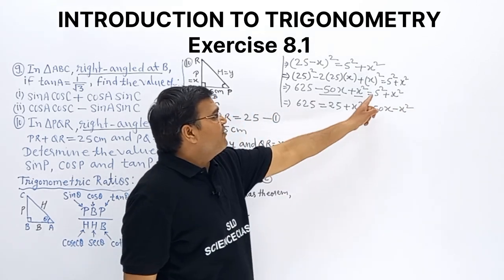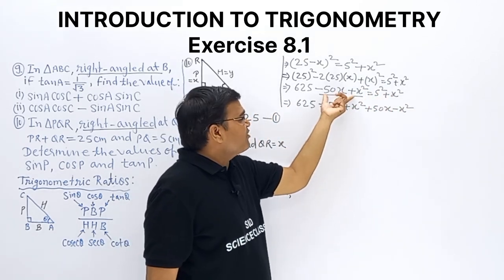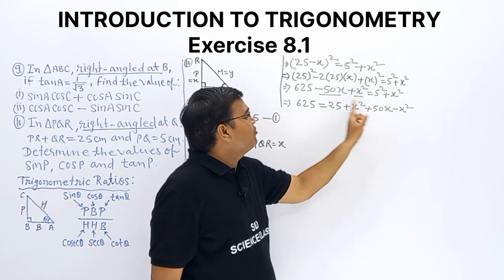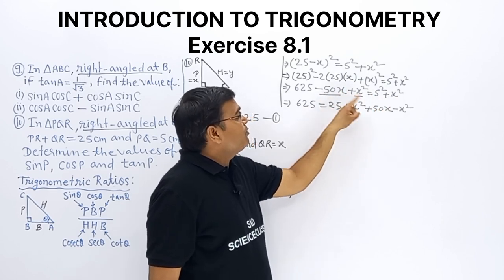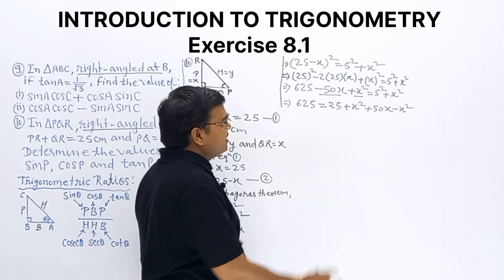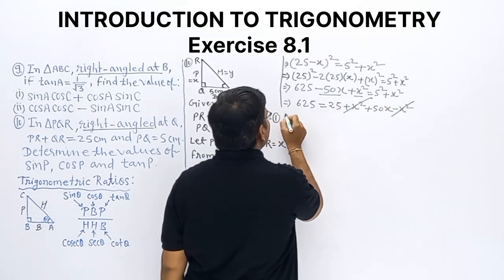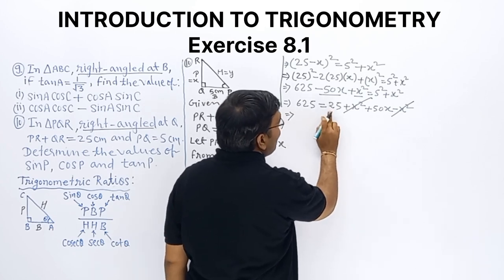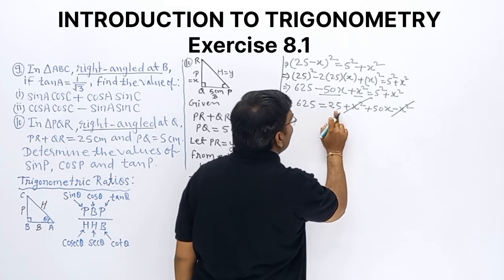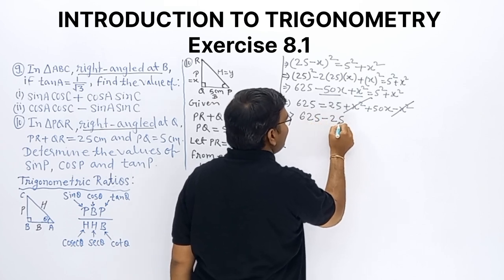Yes or no? 5 square is 25, and X square will be as it is. We are transposing both from left to right, so the sign of both will be changed. Minus will be plus and plus will be minus. Now this is positive, this is negative, so both will cancel each other. Now what is remaining? Now I am transposing this 25 towards the left. 625 minus 25 will be what?